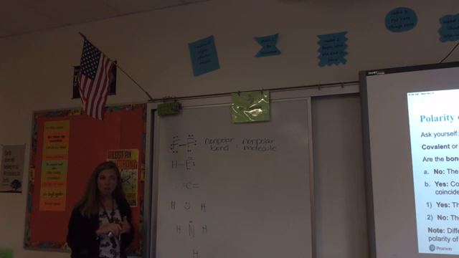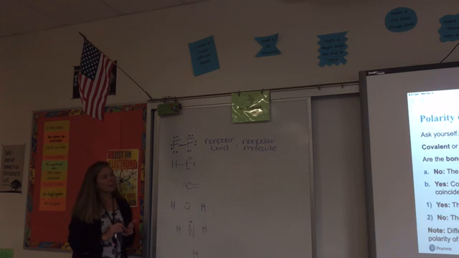If so, then the molecule is polar. If there are more electrons around one area of the molecule, it is polar. If they're not being pulled significantly in one direction, then it's nonpolar. Okay? So you have to look at that. Right? So you look at the bonds and you look at the distribution of the electrons.